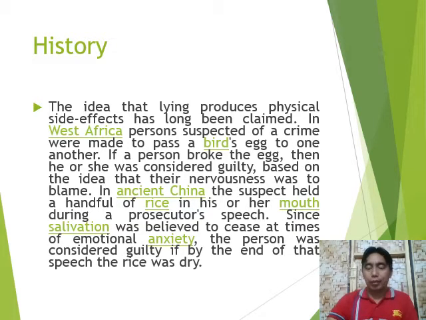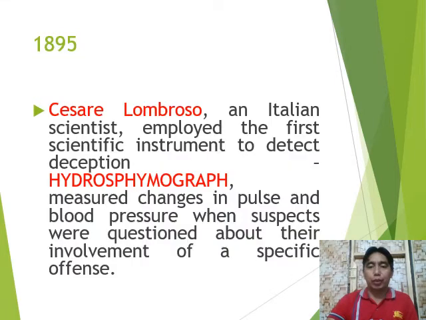Those are just examples from other countries, and let us go further about history. However, at the onset of the 20th century, there were already attempts by people through science.